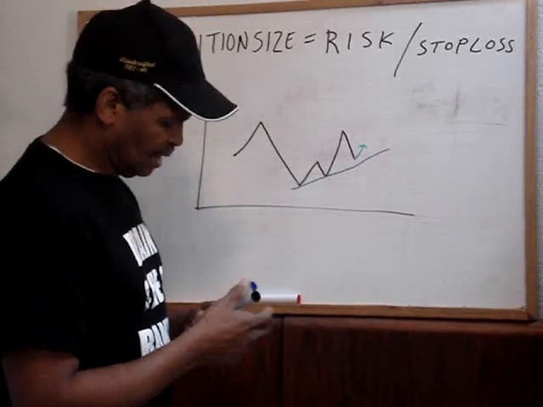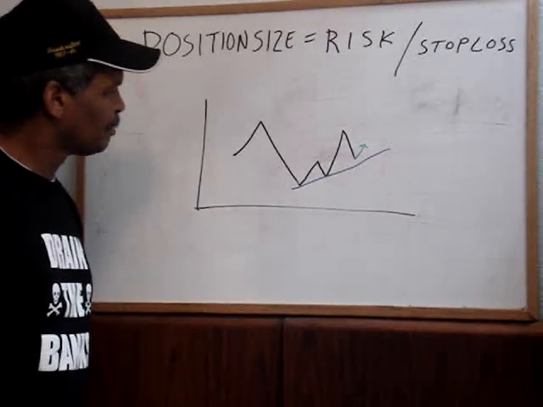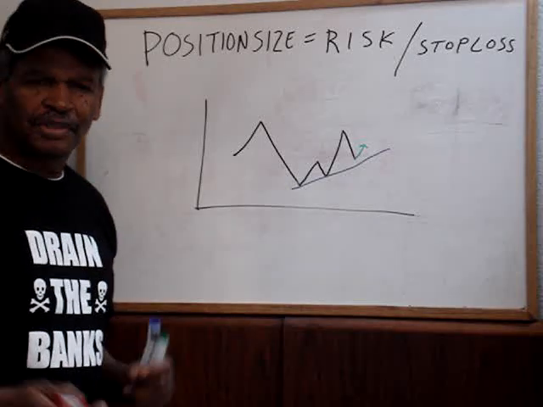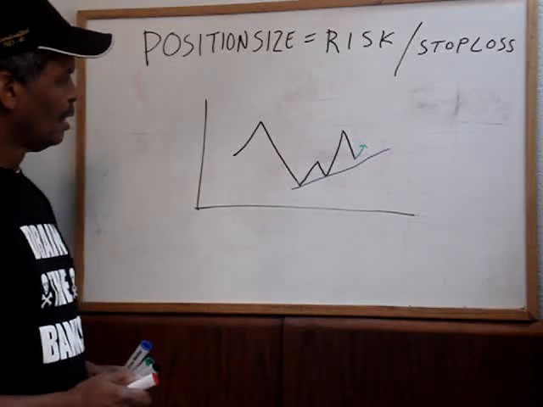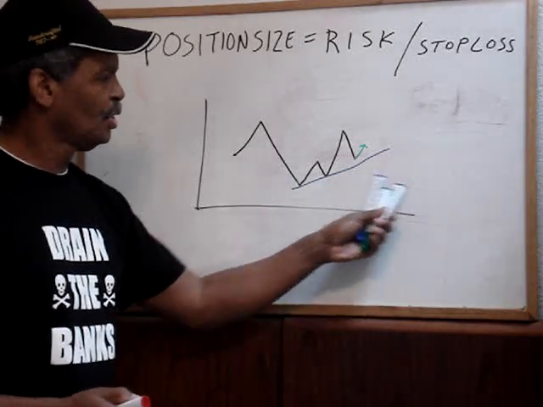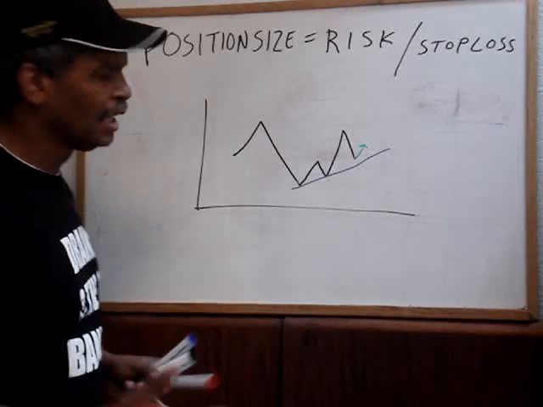But what happens is that if you look at the chart and you analyze the chart and use the things that you've learned about price action, there's only one place on this chart that really makes sense to put your stop loss, in my opinion.